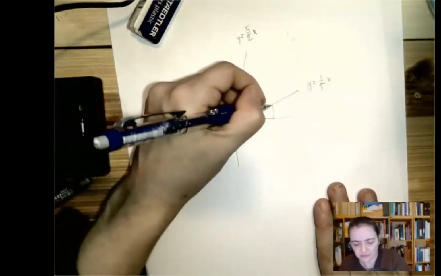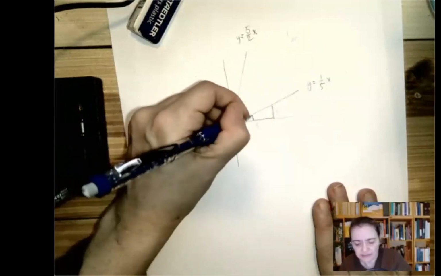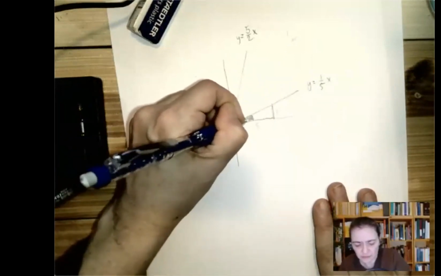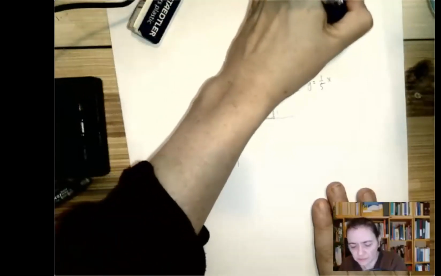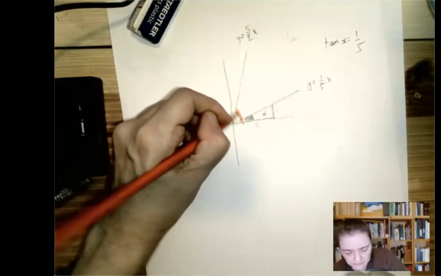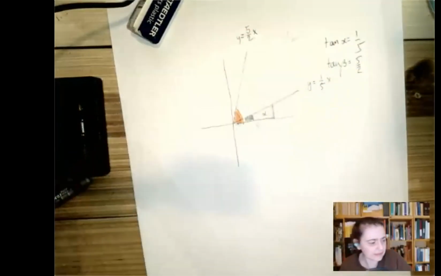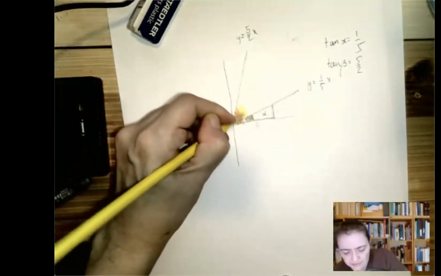This here is a 1 over 5. We could say this is 5, this is 1. And so this angle, let's call this alpha. So tangent alpha is 1 over 5. And then beta is this.